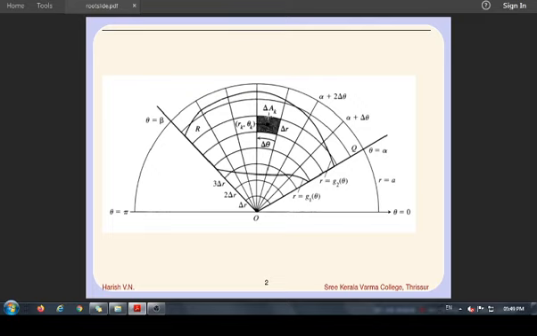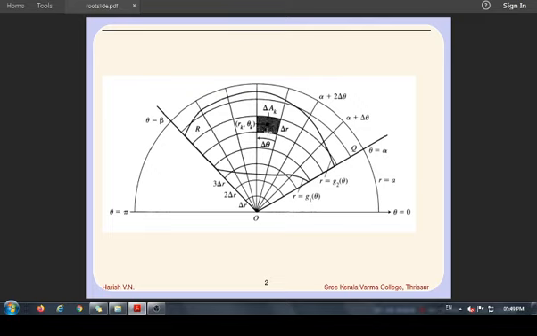What is that? It is delta r divided by 2, because this much distance is delta r, so half of that is delta r divided by 2. So the area of the bigger sector is half into (rk plus delta r divided by 2) the whole square, into delta theta.